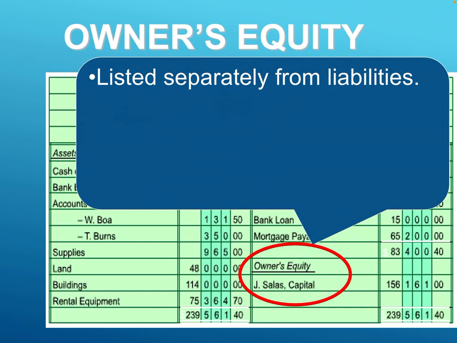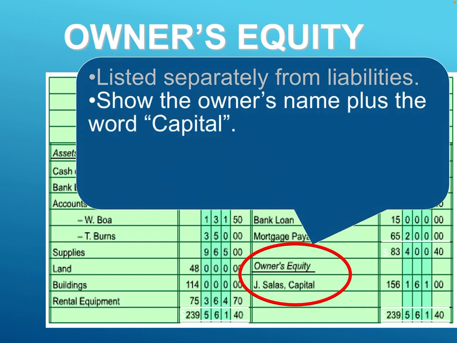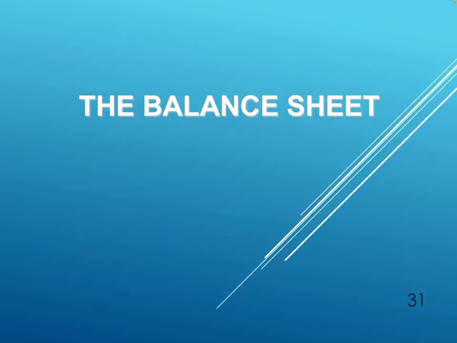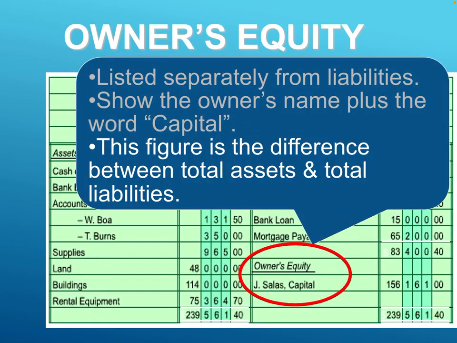Now, if we're talking about owner's equity, it's listed separately from liabilities. It shows the owner's name plus the word capital, and this is how we do it with a sole proprietorship. It's different with corporations and partnerships. The figure is the difference between total assets and total liabilities. Okay, so that essentially covers some of the features of a balance sheet, and you can go through this.